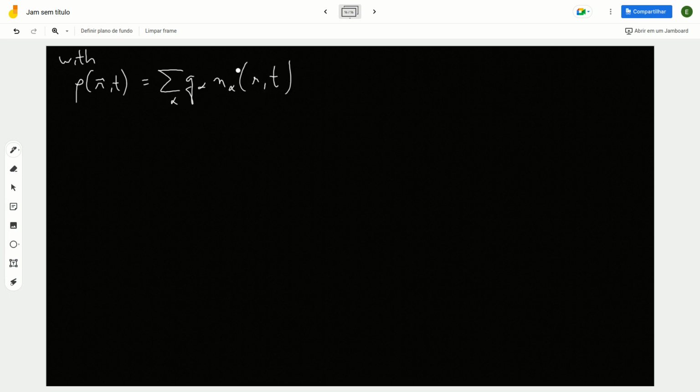So it's the charge density for each species, which I may write like this.